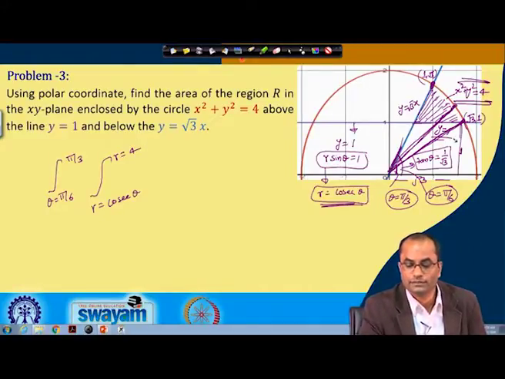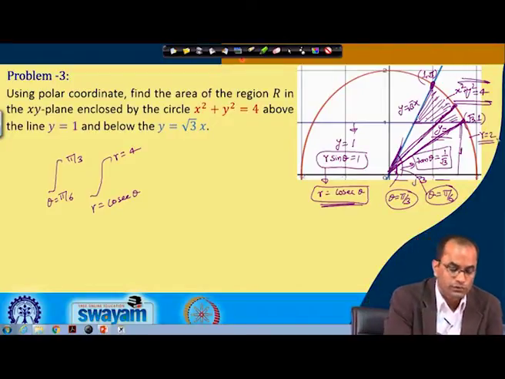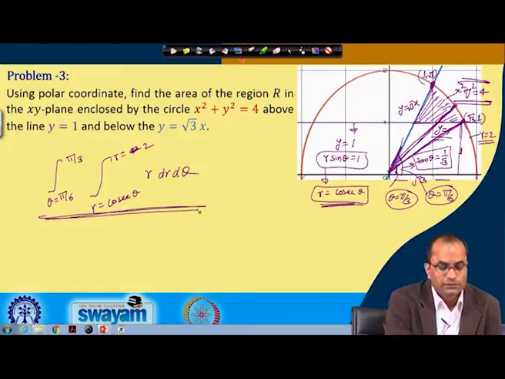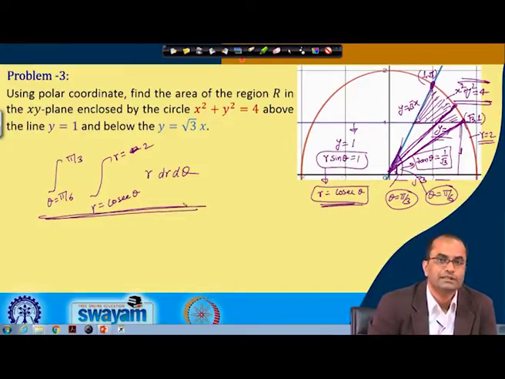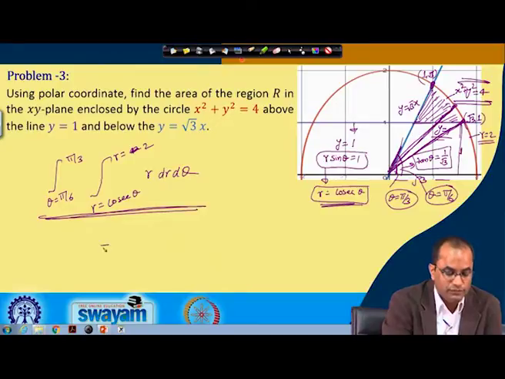So, the radius is 2, and this is the circle r is equal to 2. Then we are finding the area, so the integrand is just r dr d theta. We have to just integrate this simple integral, and after this evaluation, which I am skipping, we will get pi minus square root 3 over 3.